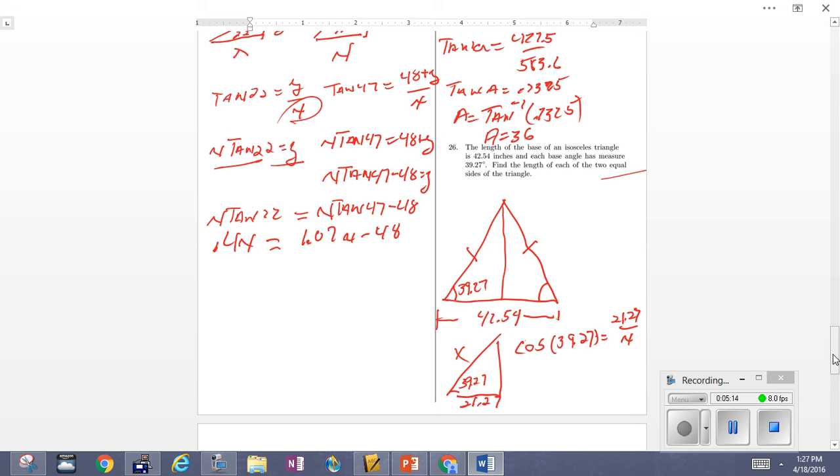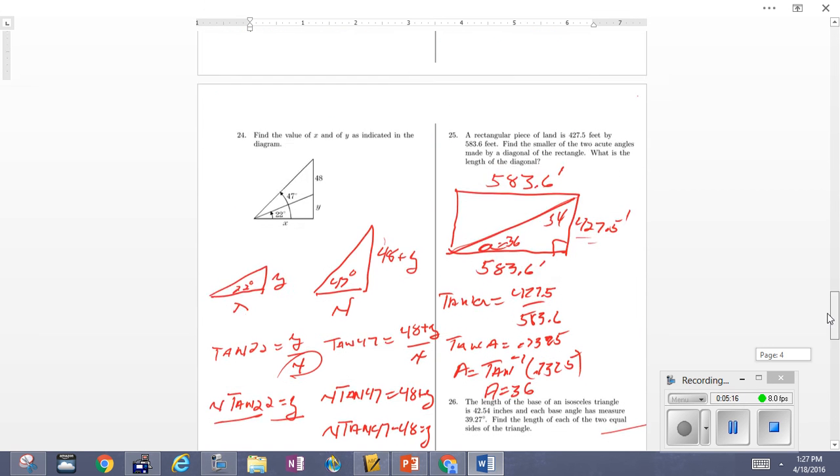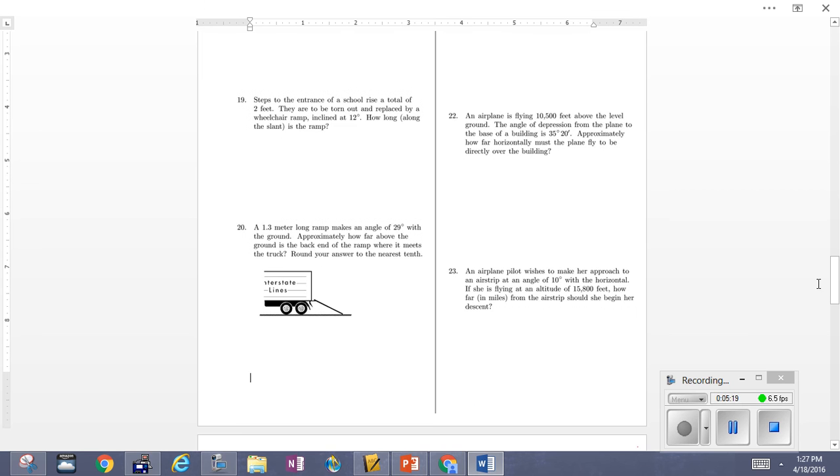Just one more thing to mention, and that is a problem up here in number 22. They said 35 degrees and 20 what? Well, whenever we're talking about something less than 1 degree, we start talking about what we call minutes of arc.